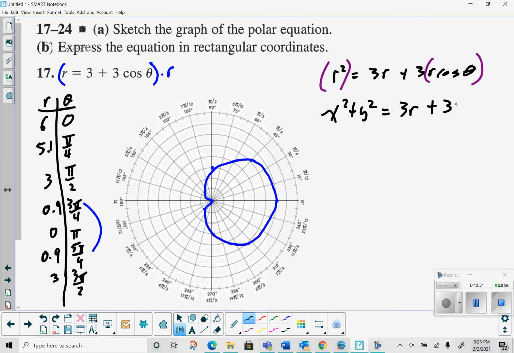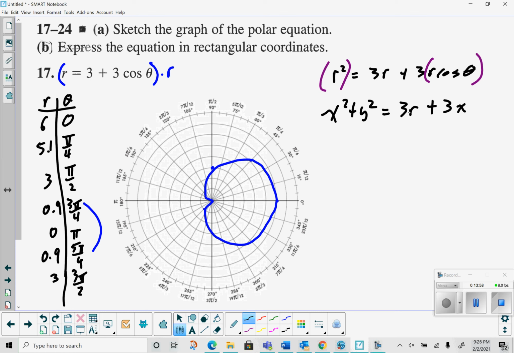R cosine theta is x. All right, so I guess that's progress, but I'm not quite there yet. Again, to transform this into rectangular form, I can't have any more thetas. I can't have any more r's. All right, well, I got rid of the theta, but I still need to get rid of this.